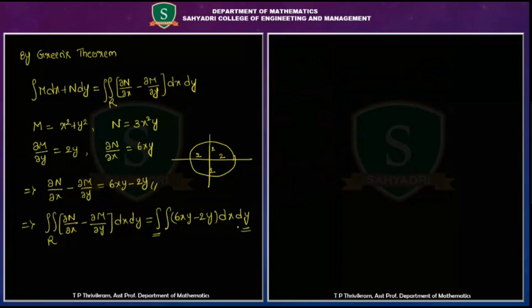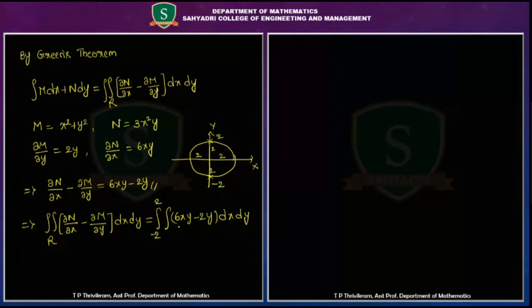Because y is the outer integral, we have to tell in terms of numbers. Where does y move from? Minus 2 to 2. So this is the x-axis and this is the y-axis. Coming down means minus 2, here plus 2 on the axis. So minus 2 to 2.